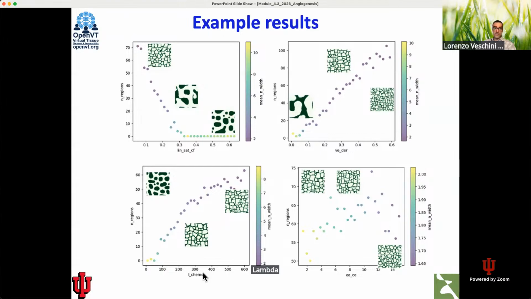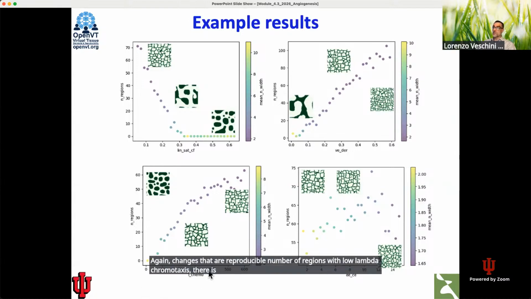LambdaChemotaxis, we see that there are again changes that are reproducible. For number of regions with low LambdaChemotaxis, there is nothing. Consider that these parameters, I'm varying these, I'm varying these.